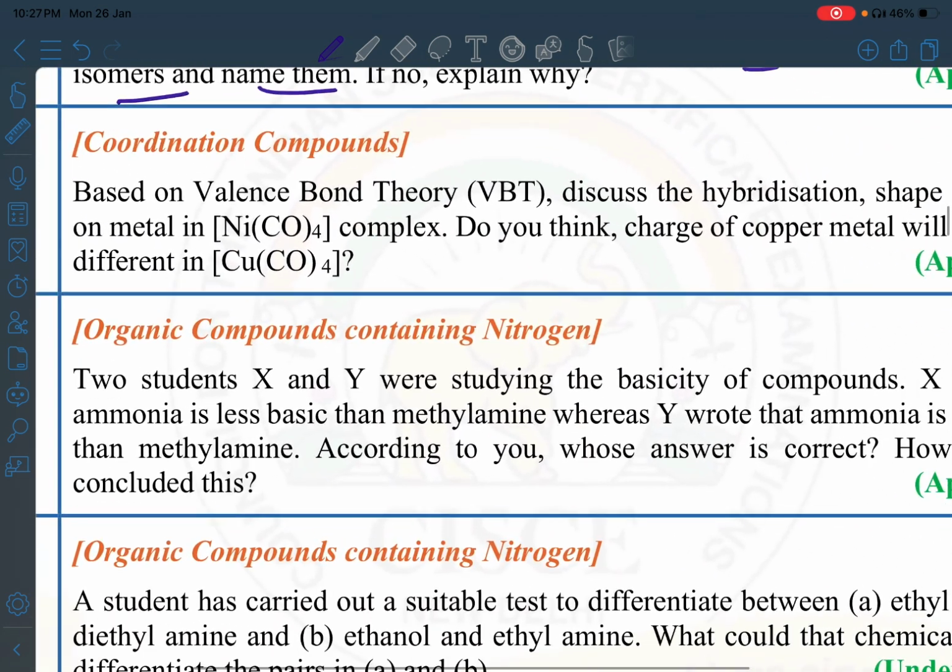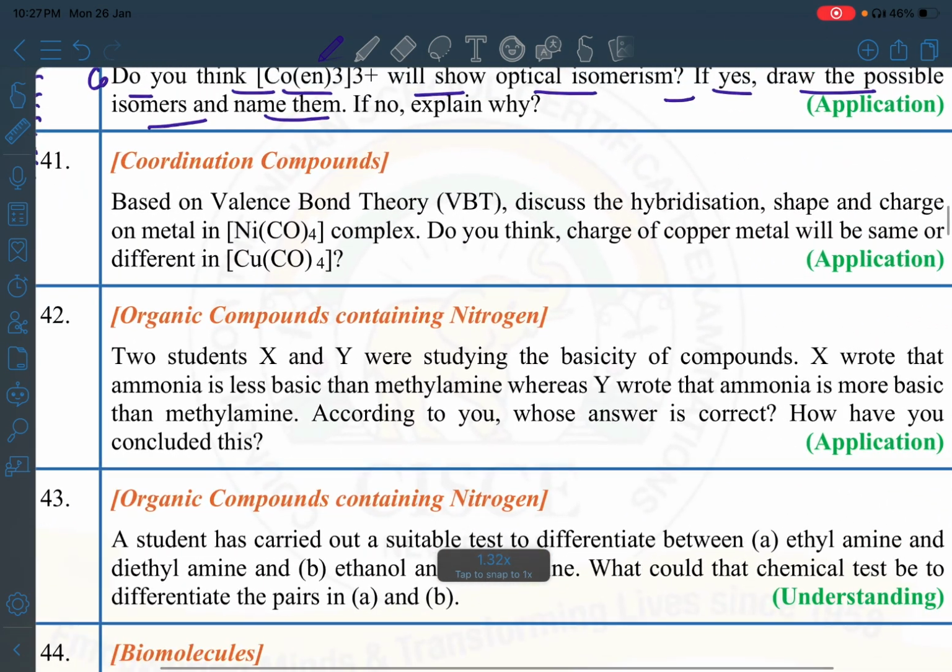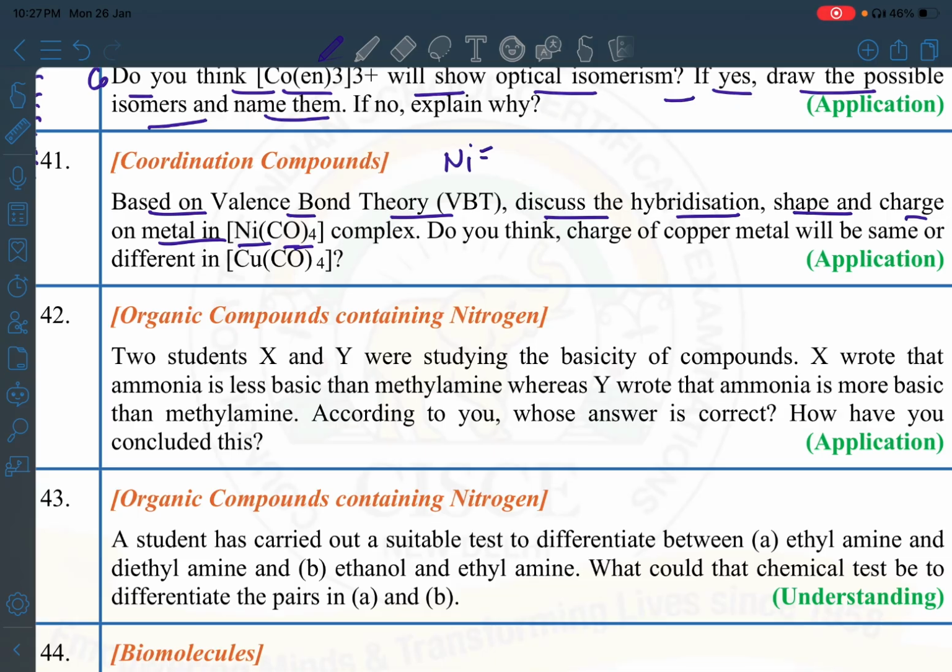Next question: based on valence bond theory, discuss the hybridization, shape and charge of Ni(CO)4. Here the oxidation state of Ni is 0 and the electronic configuration is 3d8 4s2. It becomes 3d10, and the coordination number is 4, so it will use 4s and 4p.